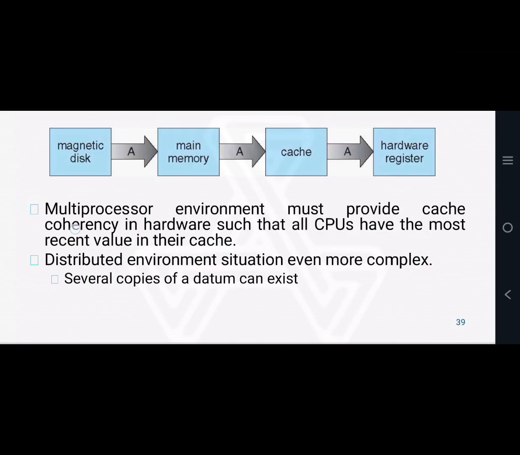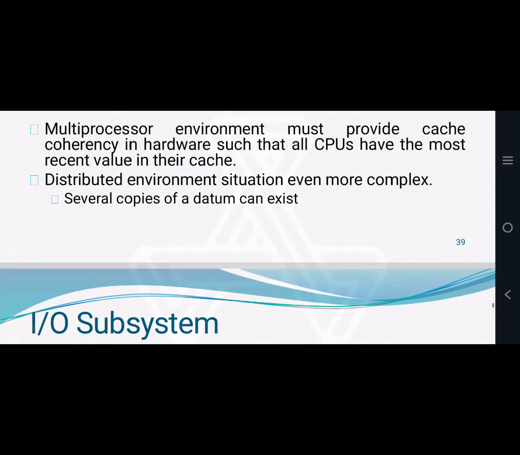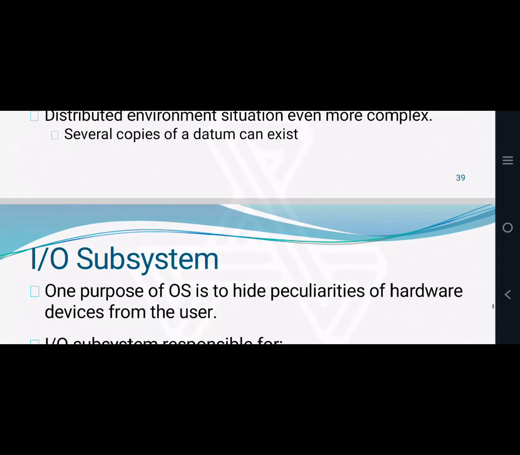A multiprocessor environment must provide cache coherency in hardware, such that all CPUs have the most recent value in their cache. The distributed environment situation is even more complex. Several copies of a datum can exist.